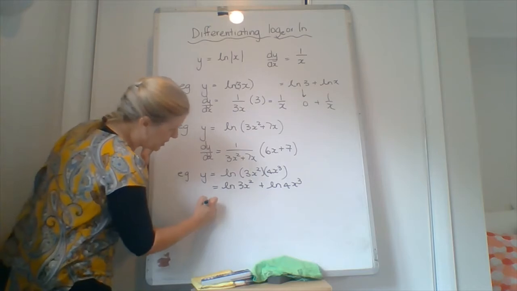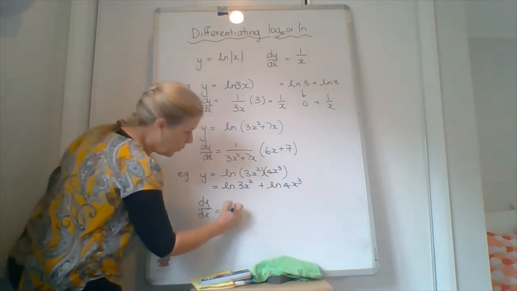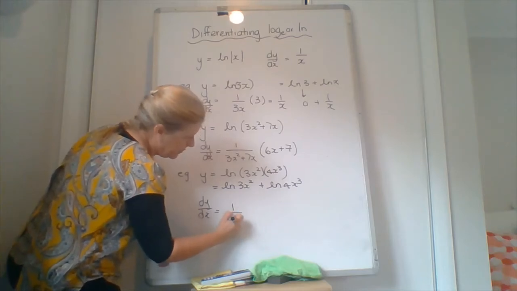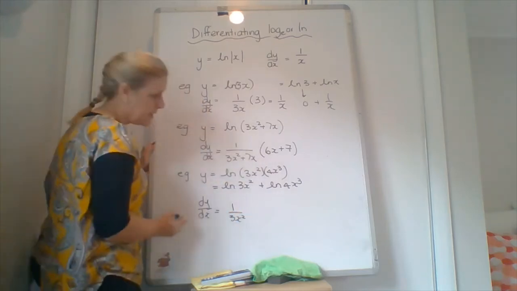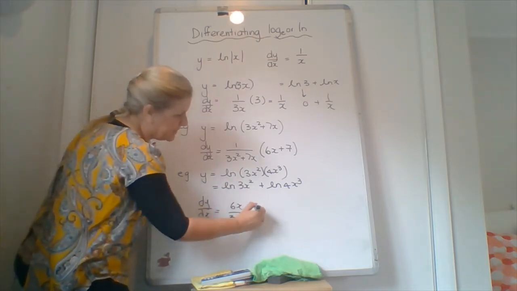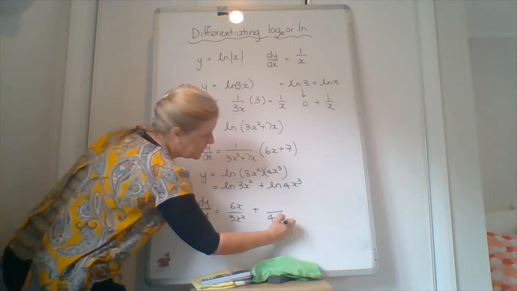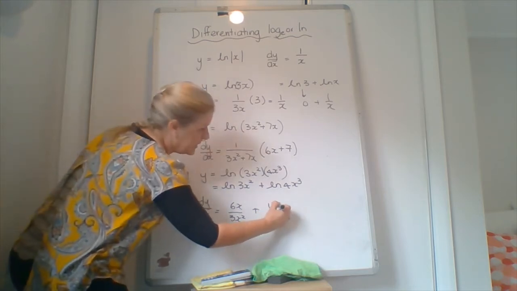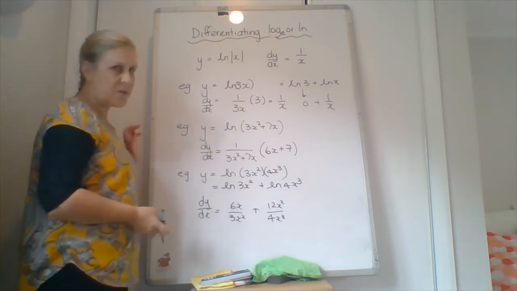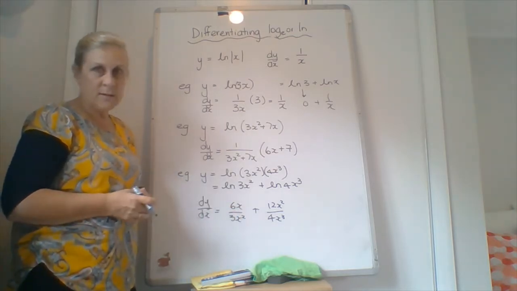So when we differentiate it, we get 1 over 3x squared, and actually, the top line is what it differentiates to, 6x, plus, bottom line, 4x cubed, differentiate, 12x squared. And we can prettify it too. All right, so that's going to be the answer.